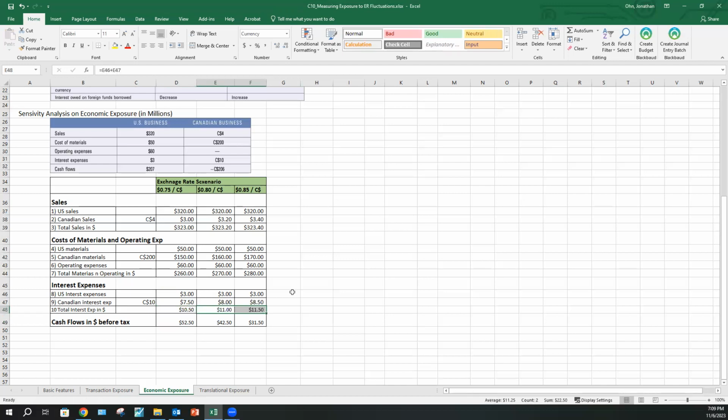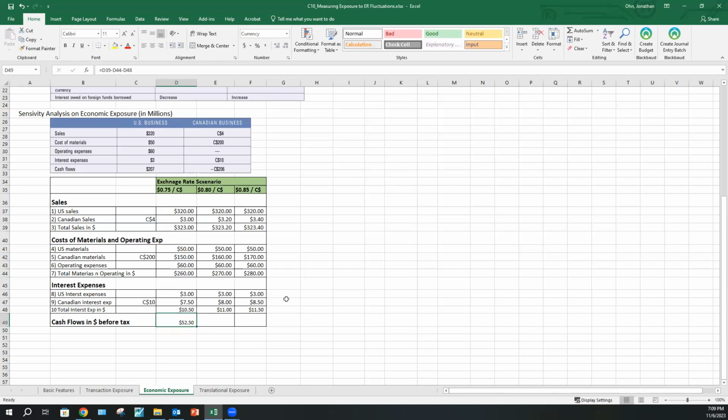All right. So what we did was we calculated the sales revenue, the cost of materials and operating expenses, and then the total interest expenses. Now, operating cash flow is sales revenue minus total materials and operating expenses minus total interest expenses.